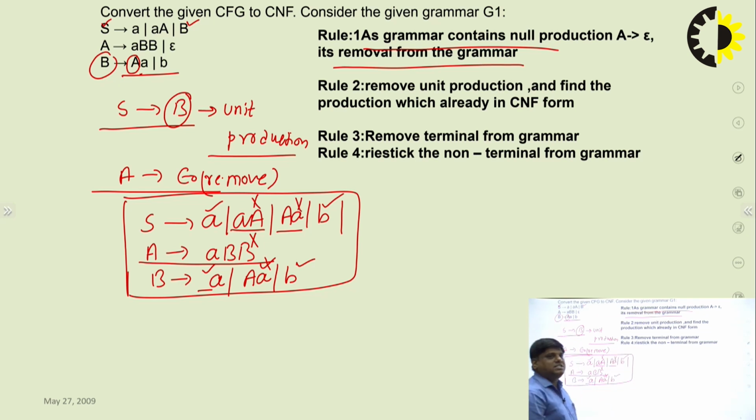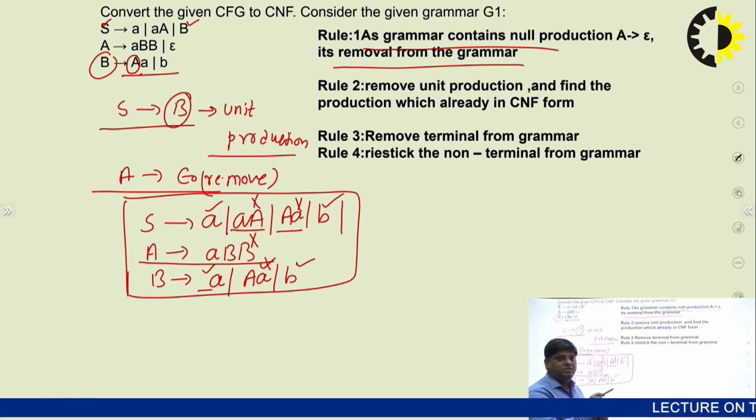So we write separately which productions are not in CNF form. Then we apply the given two rules: remove the terminal from the right side and restrict the non-terminals on the right side.